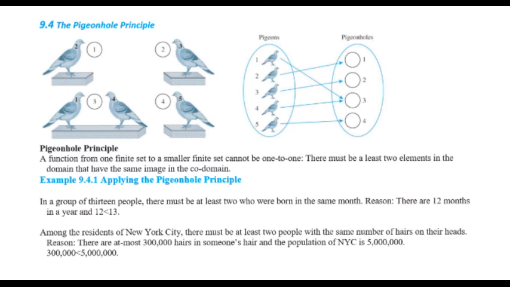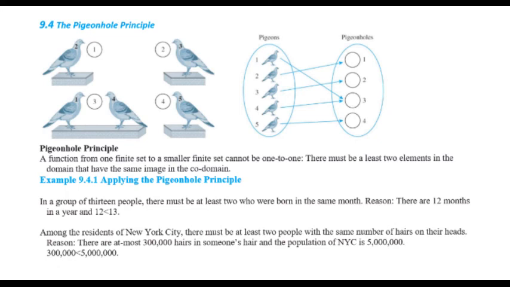Okay, so the last subject that we talk about in chapter 9 is the pigeonhole principle. For example, consider a case where you have 5 pigeons and 4 pigeonholes in this picture. The pigeonhole principle claims that there should be at least one pigeonhole that contains 2 pigeons.